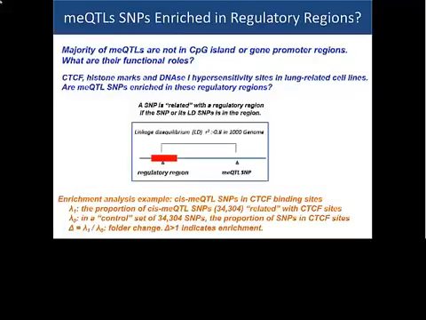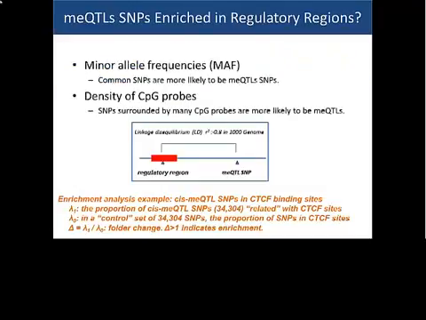So when this delta is greater than 1, we say that methylation QTL SNPs are enriched with these CTCF binding sites. Although this procedure is straightforward, during our analysis we found that generating an appropriate set of control SNPs is quite challenging, because of two reasons.